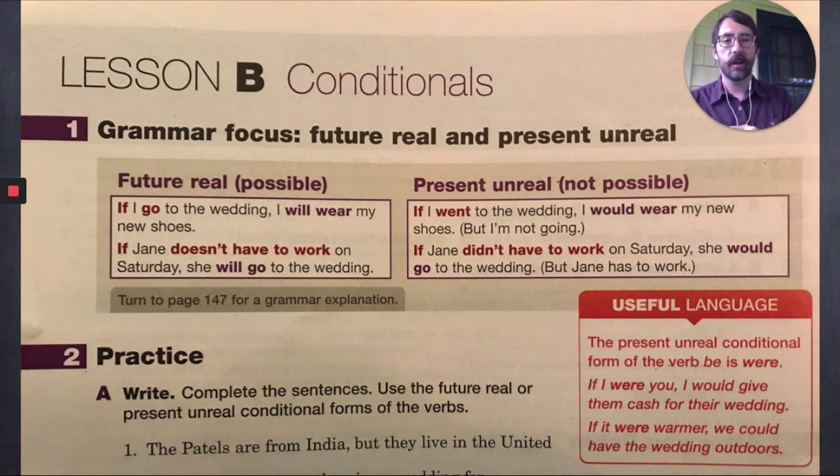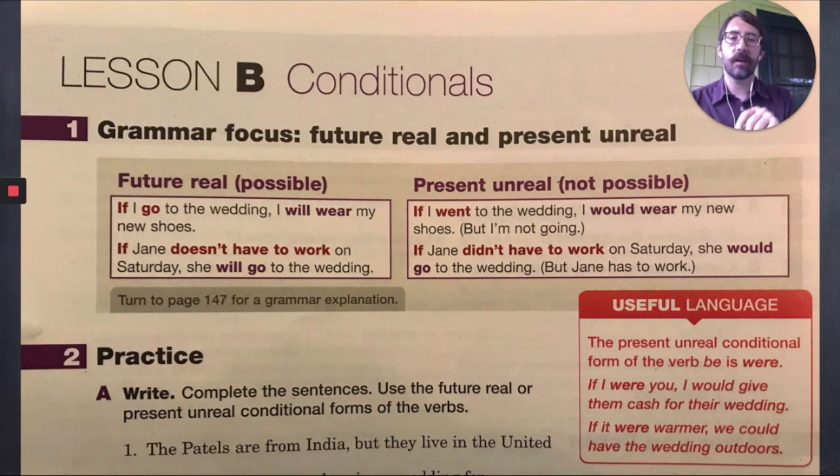And similar to the future real, using does or do, now, if you remember, in the present unreal, we're talking about the past in the if statement. So we're going to use did, because did is past of do.